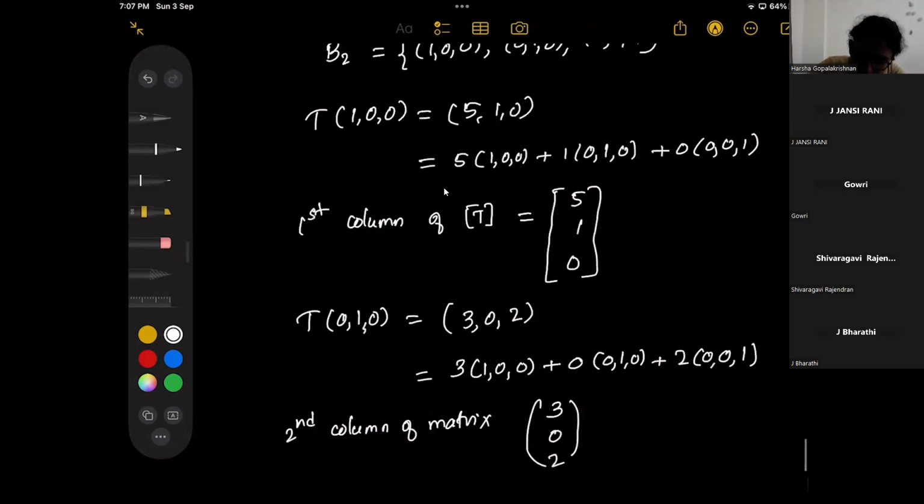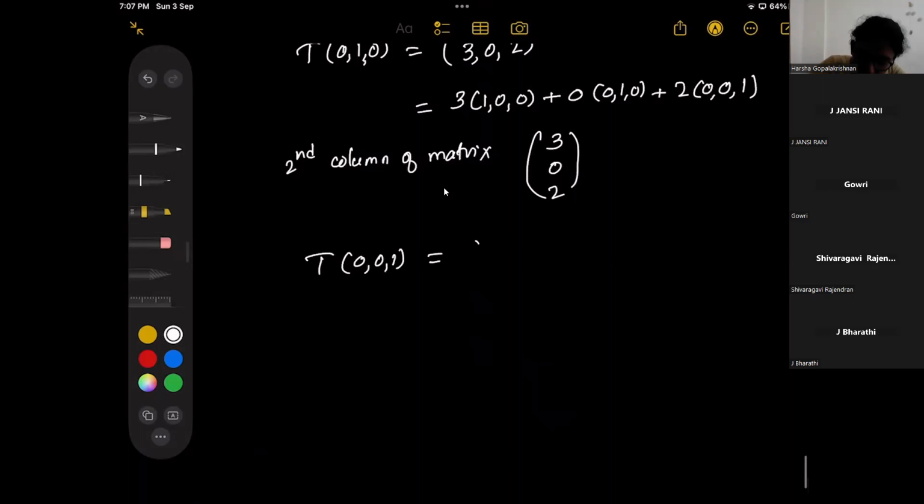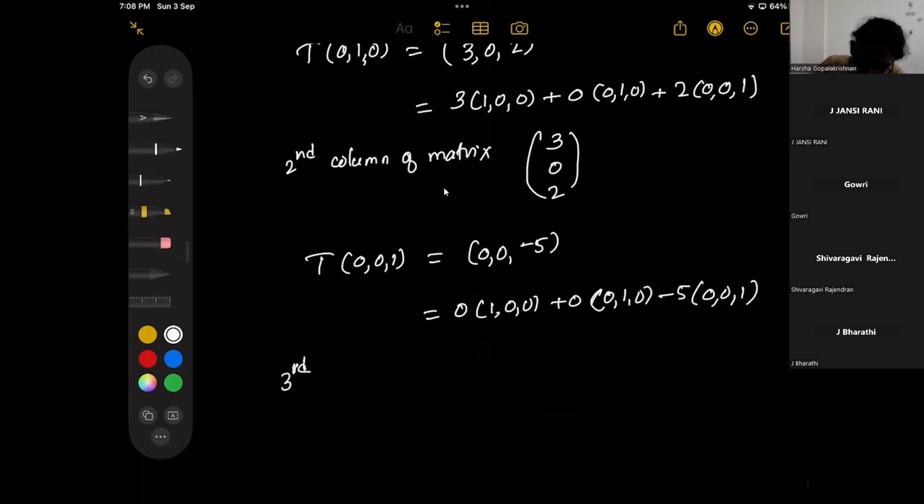And we will write it as 0 into 1 0 0 plus 0 into 0 1 0 minus 5 into 0 0 1. And so the third column is 0 0 minus 5. Correct?